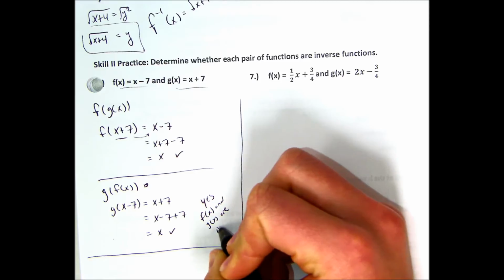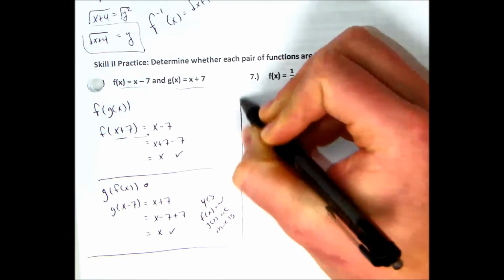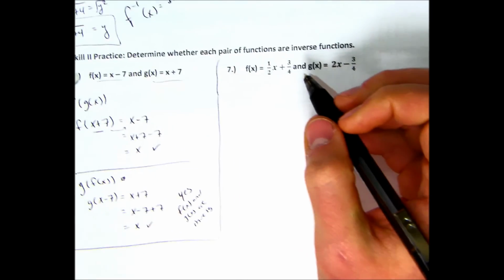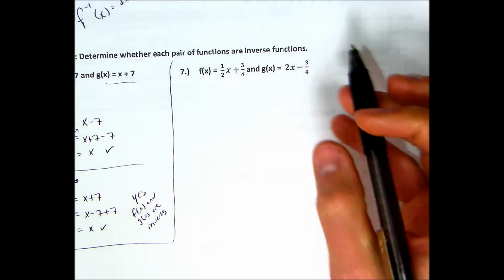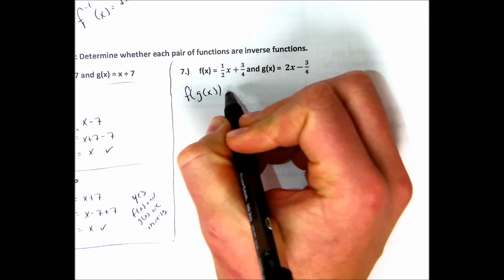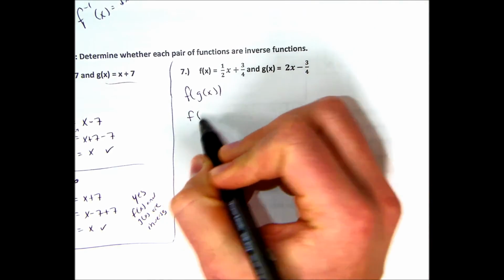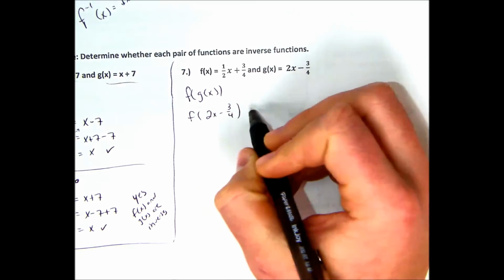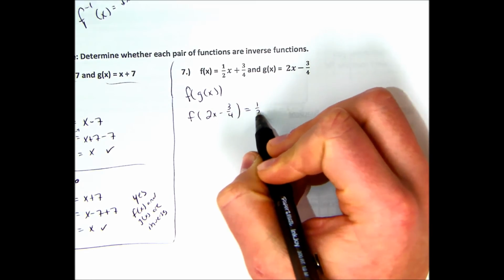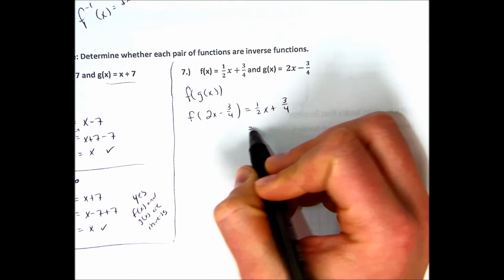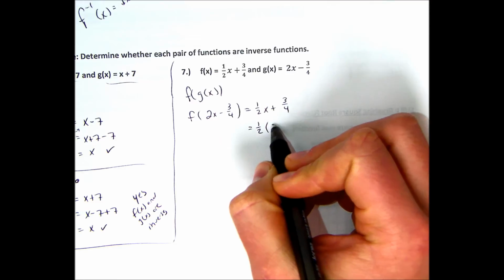Let's try 7 now. I'm just going to shift this over a little bit. What was 7? And so I try f of g of x first. So you get f of 2x minus 3/4, where f of x equals 1/2 x plus 3/4. I'm going to substitute this in for x now. So you have 1/2 of 2x minus 3/4, plus 3/4. Make sure that you distribute.